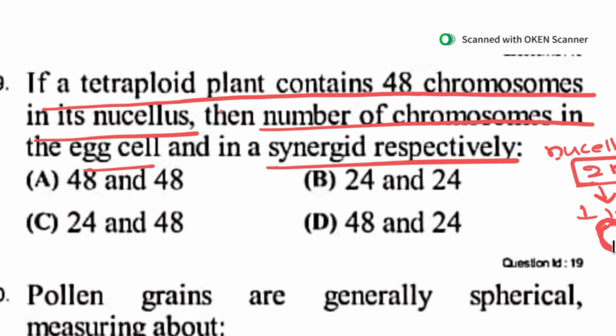The cells which are present in the embryo sac, that is egg cell and synergid, contain 24, that is the n number of chromosomes. As the nucellus contains 48, the cells present in the embryo sac will be 24. Hence, the chromosomes in egg cell are 24, synergid 24. B is the right answer.